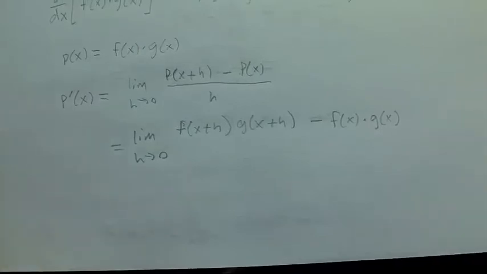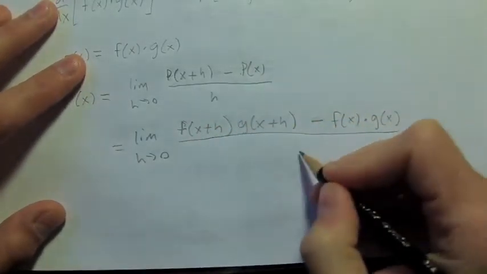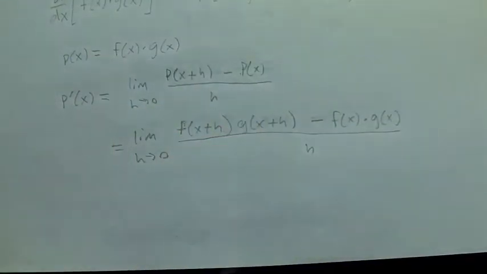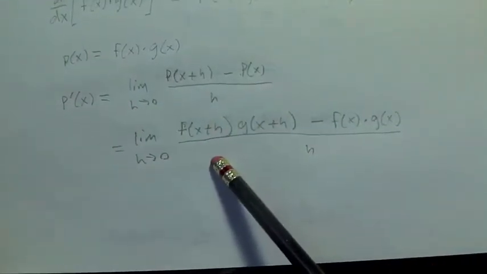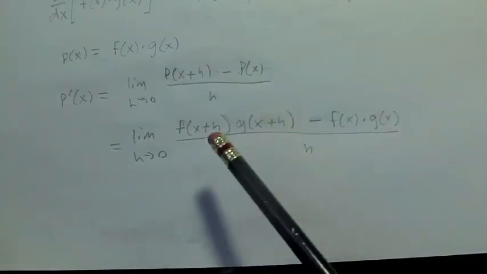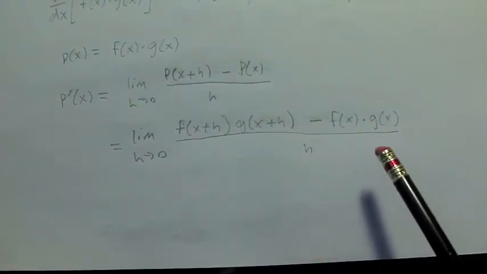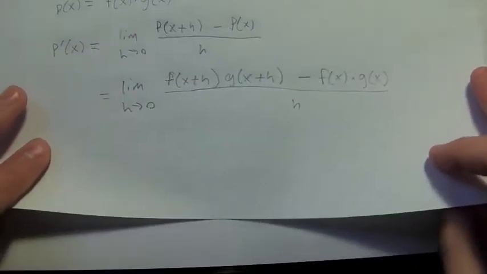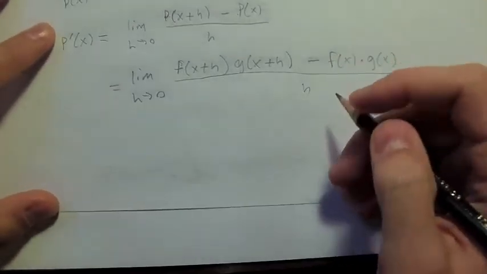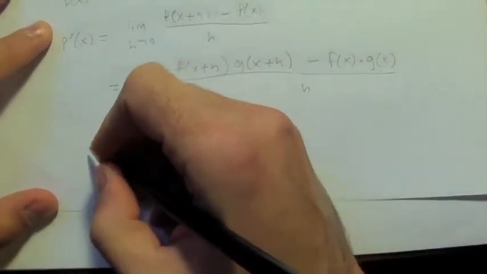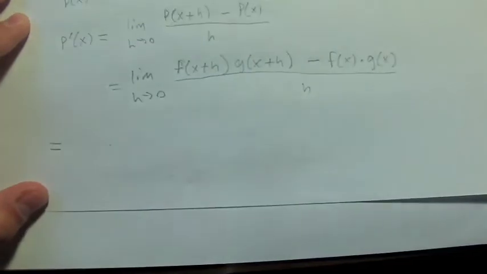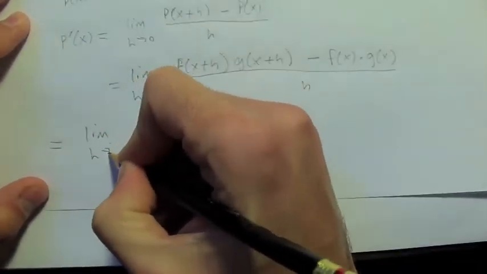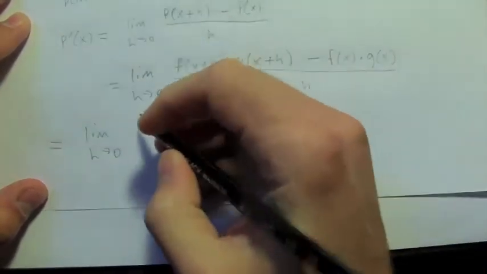Okay? All over h. Now, if we were to split this limit up, we would not actually get the derivative. We would just have an x plus h in f and g over h, and an f of x and g of x over h. So what we actually do is a very tricky algebra trick that helps us. It's kind of like the conjugating factor, where you multiply by a special version of 1 that helps you out. Here we add a special version of 0.